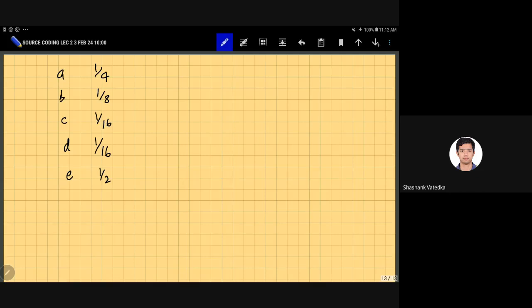Yeah, so it's 2, 3, 4, 4, and 1. Right, so this is the ceiling of log 1 over P of X.